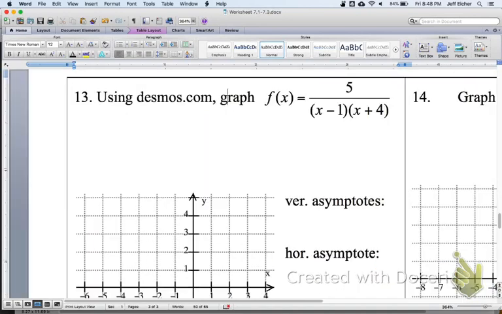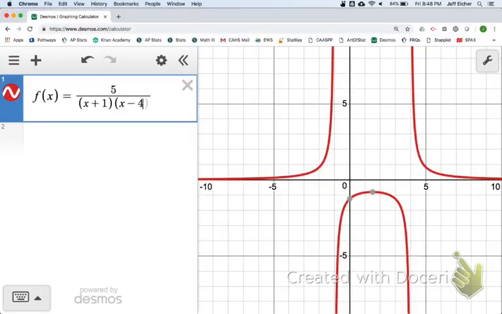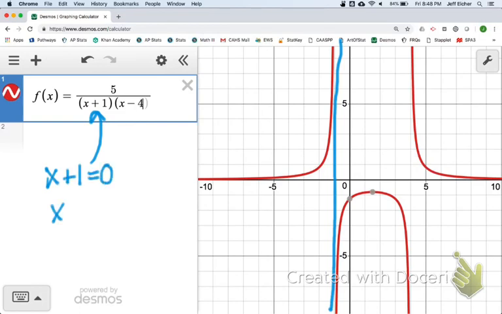Number 13, you should have used Desmos.com to graph, so let's look at Desmos. Here is the function that I typed into Desmos. You'll notice that we have a vertical asymptote at -1. I hope that's not a surprise, because when is this function undefined? It's undefined when x is -1.